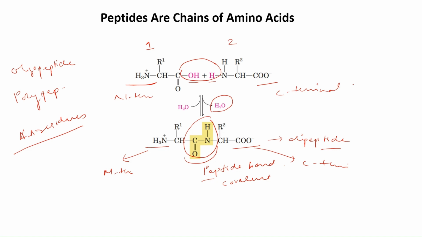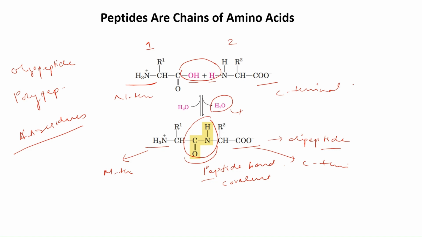To be in an amino acid state, it should have an N terminal and a C terminal. But after the formation of a bond, the amino acid loses H2O, due to which it loses OH and H. So it no longer remains a complete amino acid and becomes an amino acid residue, because of the removal of a water molecule.